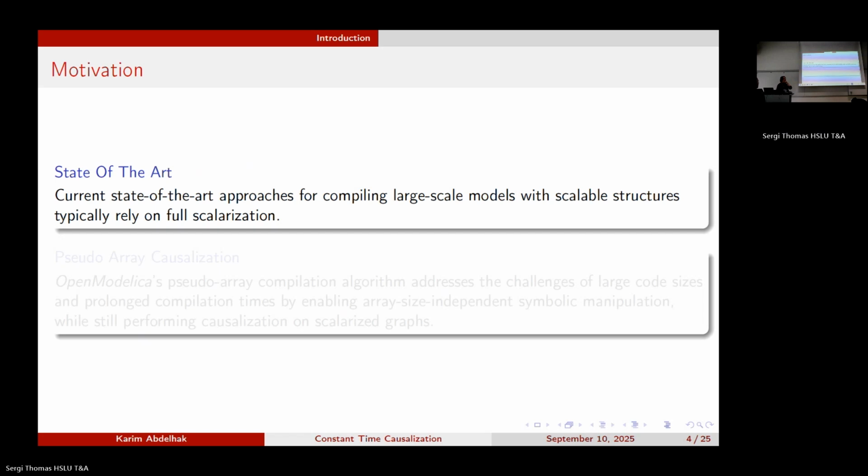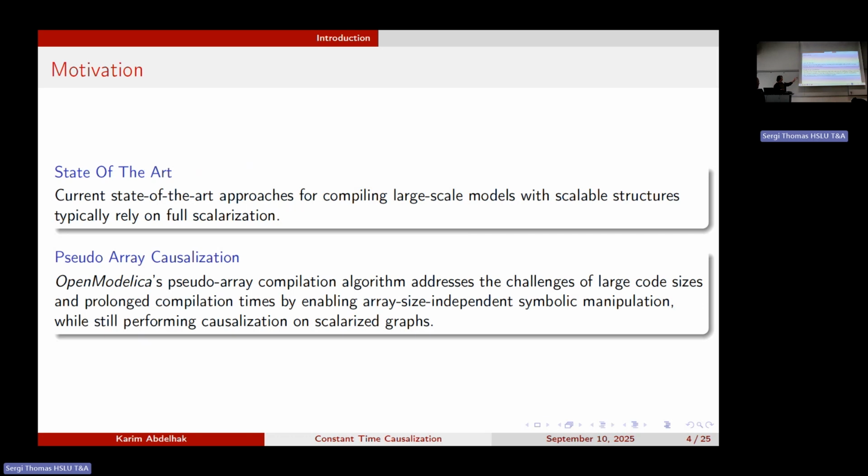Okay, so state-of-the-art, as said many times, is scalarizing everything and blowing up the model in proportion. There are many different approaches to avoid this. And the approach we chose for OpenModelica is the pseudo-array causalization process. I presented this at the last Modelica conference, but to sum it up, the idea is to have everything that's symbolic stay in the array world.